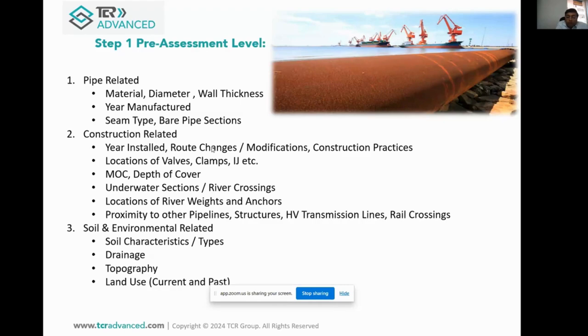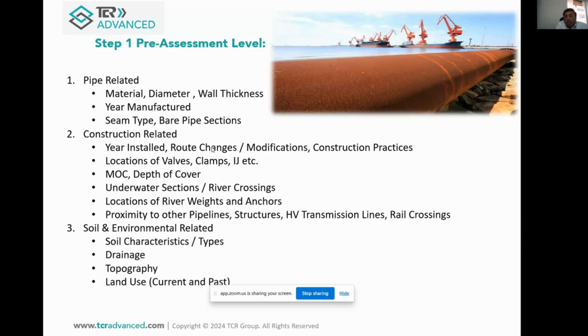Locations of river weights, anchors, proximity to other pipeline structures, HV transmission lines, rail crossings. Nowadays, HV transmission lines cause lots of problems in terms of AC and DC interference. An HV transmission tower has an earthing system, and it is regularly draining some electrical current onto a pipeline, and the pipeline acts as a conductor taking that current.